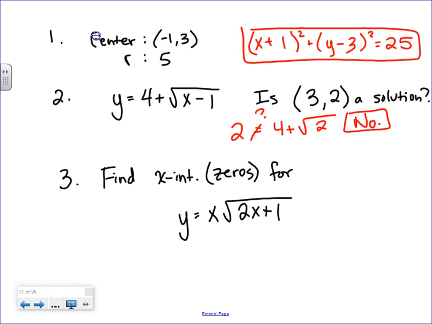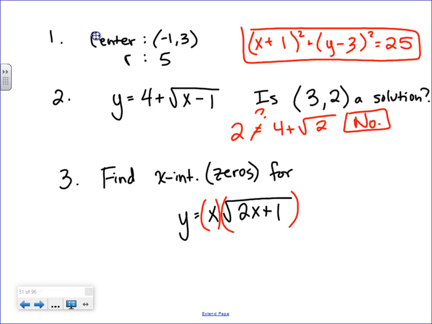Quick hint: x equals 0. It's a 0. So one of them's zero. No, 0 doesn't equal that. But how are you going to take it out of the square root? There are two answers.